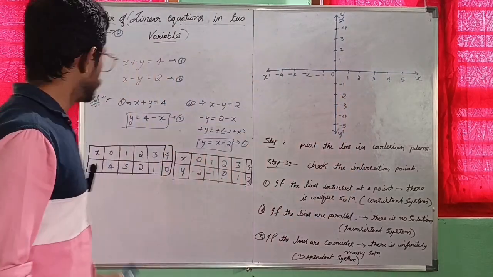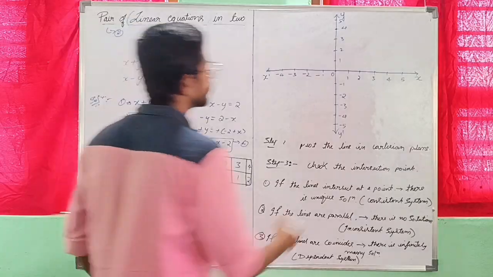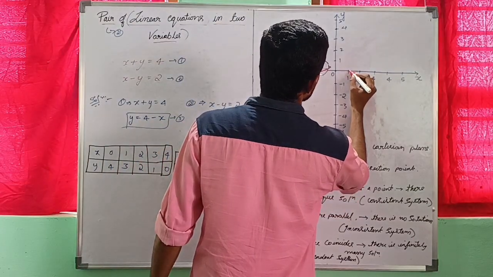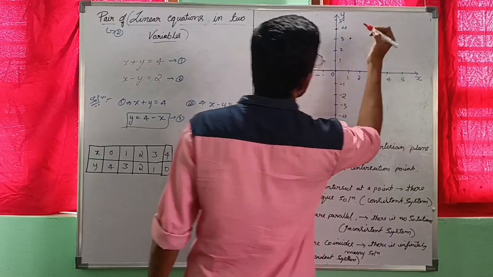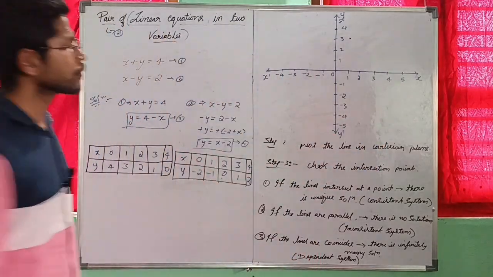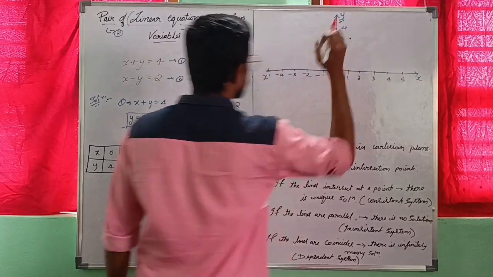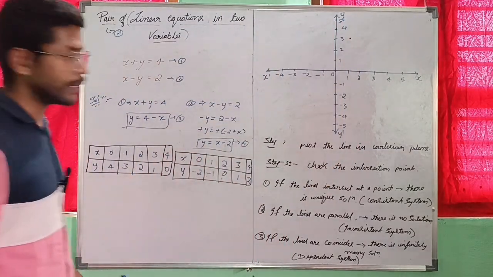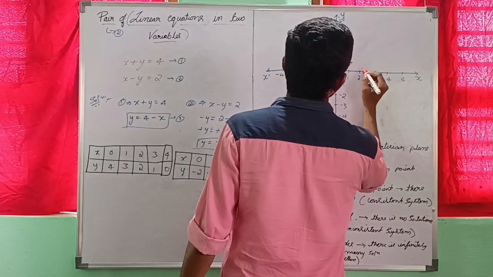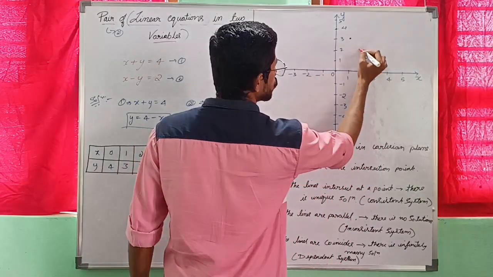When x is 1, y is 3. Let's draw the point here. When x is 2, y is 2.